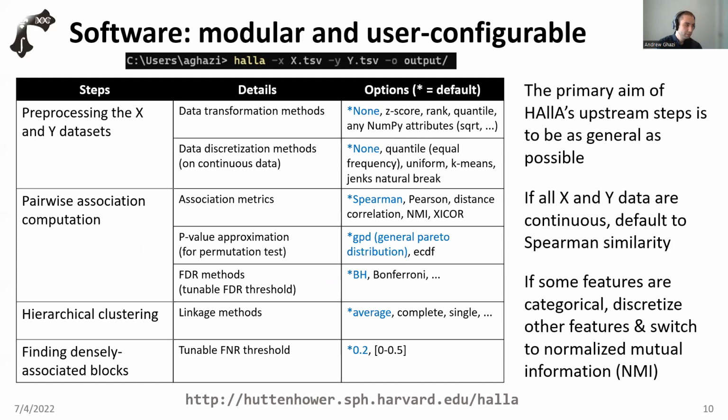So things like transformation methods, discretization strategies, association metrics, and there are things you can do to speed up the analysis, like parallelization, or using p-value approximations. It aims to be as general and as globally applicable as possible. So there's a lot you can do that I don't go into in this presentation. And it always tries to set common sense defaults that are sensitive to the structure of the input data.